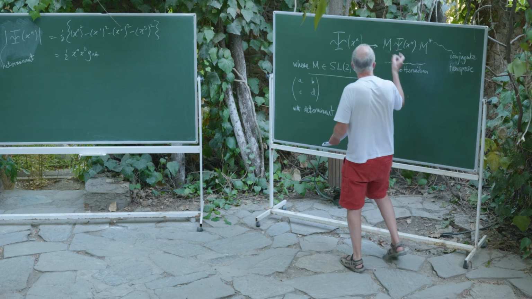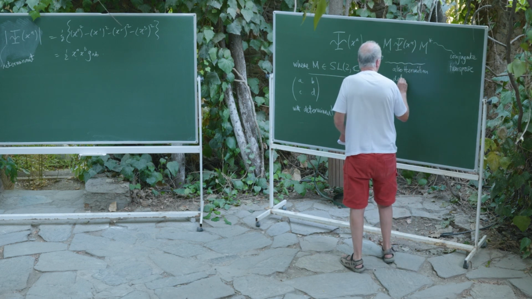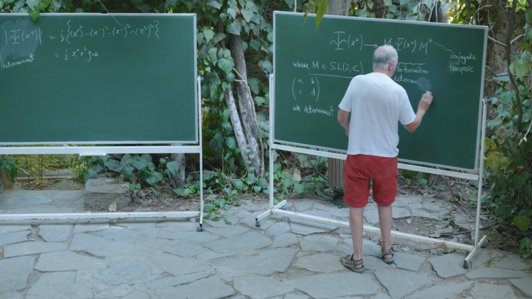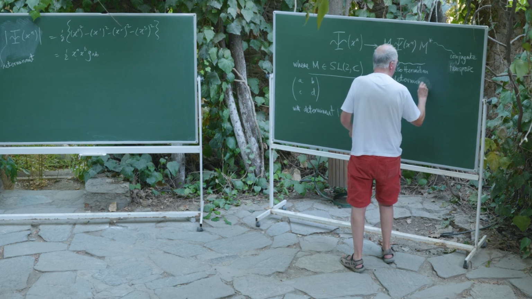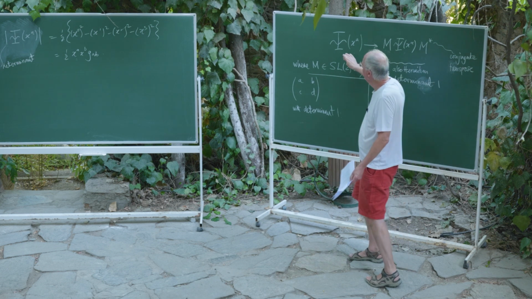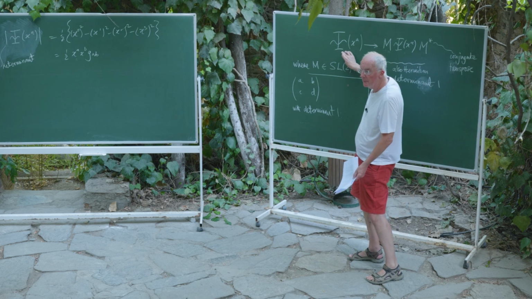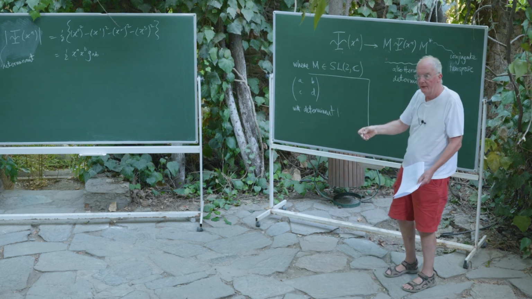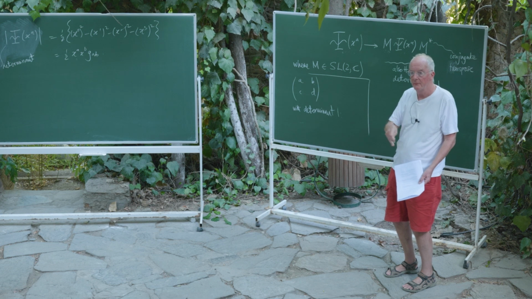It was 1 there, and it's still 1. Whoops, I can't write. Determinant 1. So this one was Hermitian with determinant 1. When you do this to it, you get another Hermitian matrix with determinant 1.